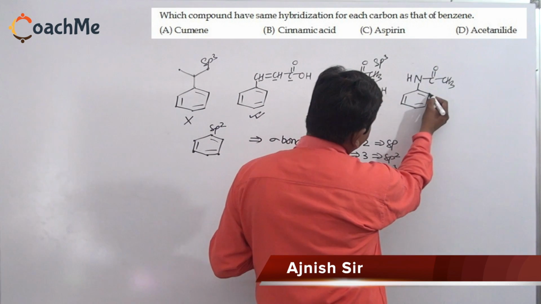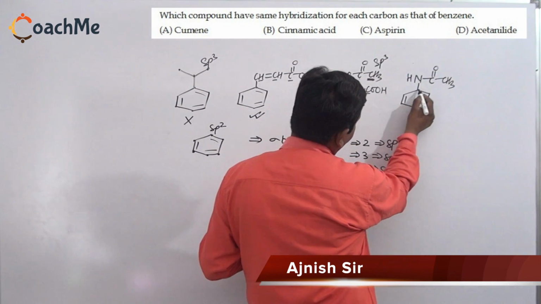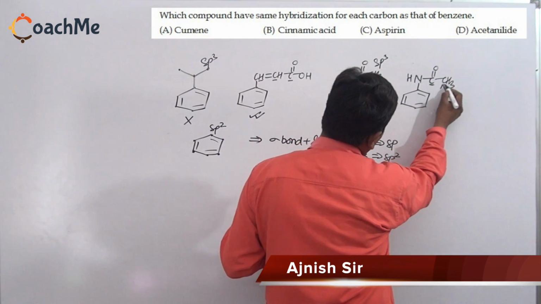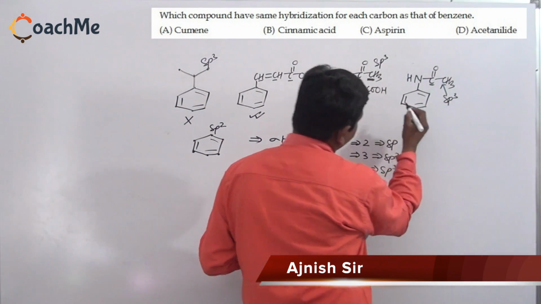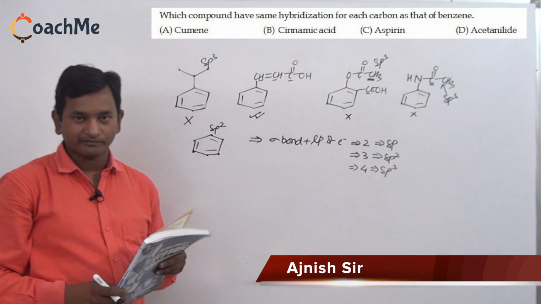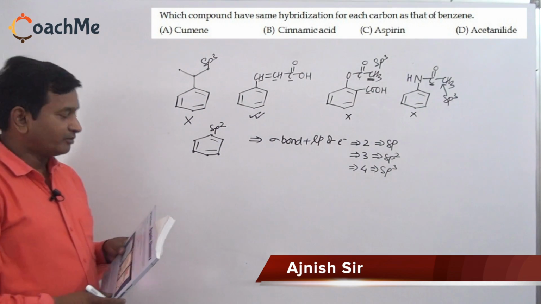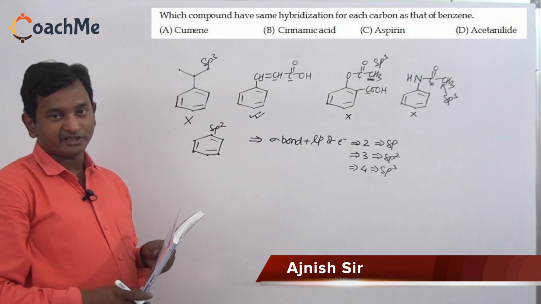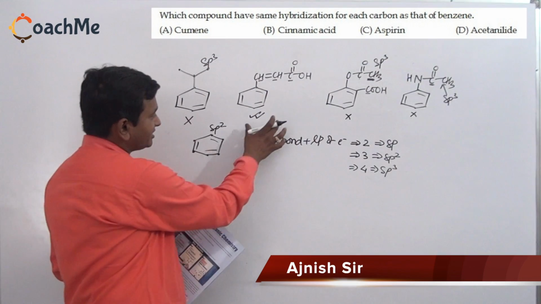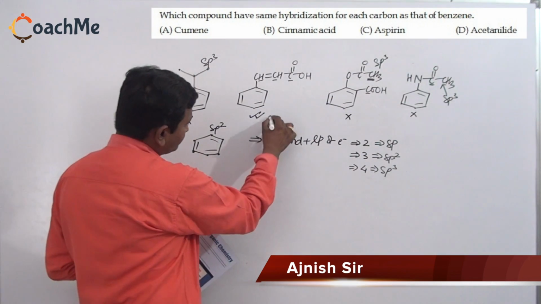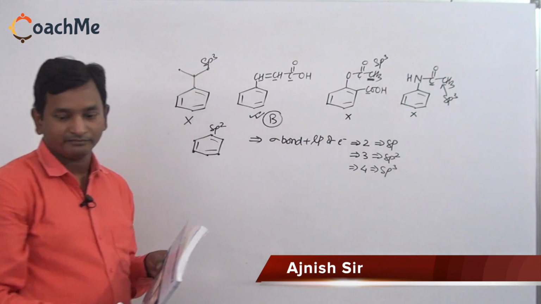Here also sp2, sp2, sp2, sp2, sp2, again sp2, but this carbon has sp3 hybridization, so this will not be our answer. So the molecule in which each carbon is sp2 hybridized is cinnamic acid, and our answer will be B.